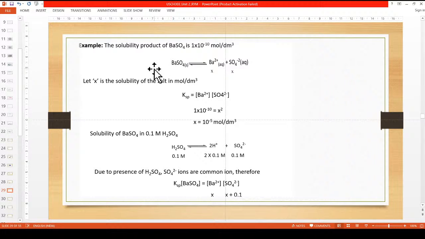So if the solubility of a compound is given, like BaSO4 is your precipitate and its solubility is 1 into 10 raised to minus 10 moles per dm cube, what will be its solubility value in water and what will be its solubility value in 0.1 molar H2SO4, was the question.